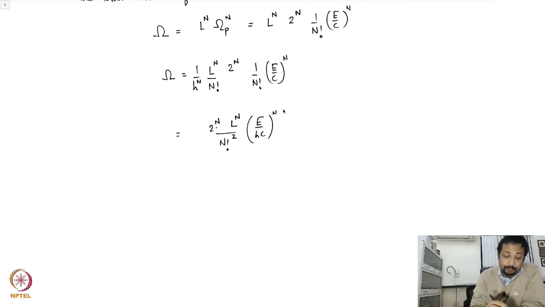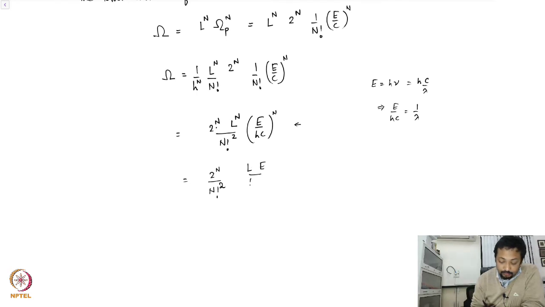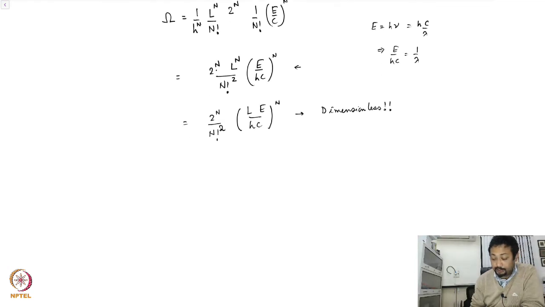So we have this expression now, and if you are doubtful about this, then you know that E is going to be h nu, which is going to be hc over lambda, and this implies that E over hc has a dimension of 1 by L, and exactly you see that this factor, 2 to the power n divided by n factorial square, times L E over hc raised to the power n, is dimensionless, as you expect it to be.